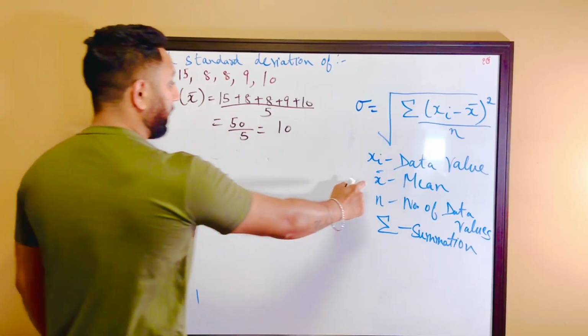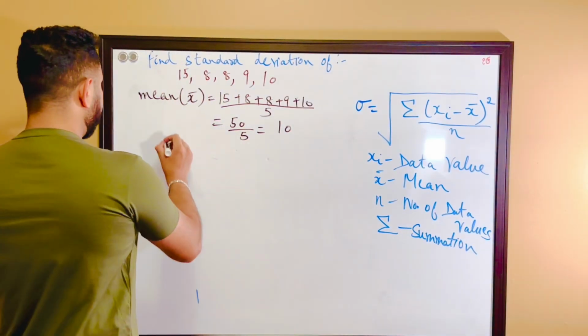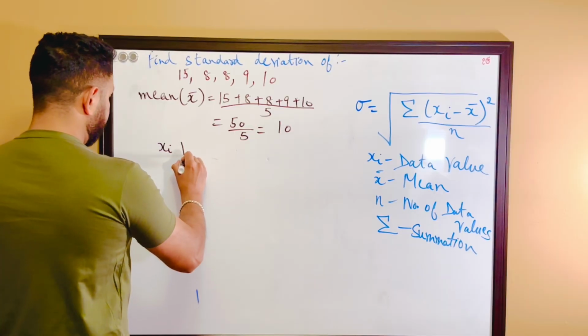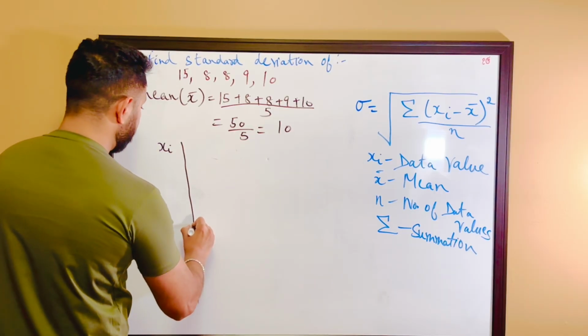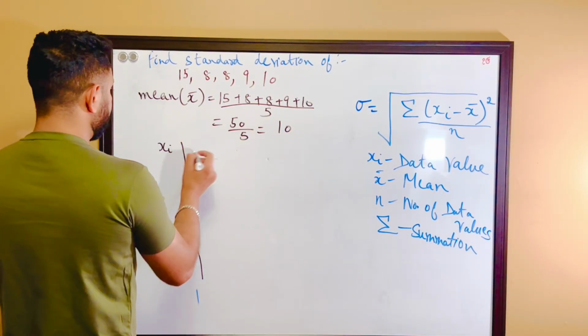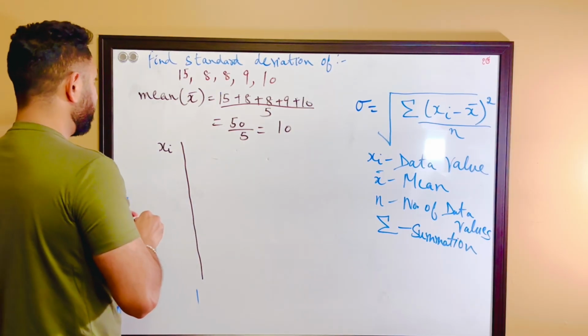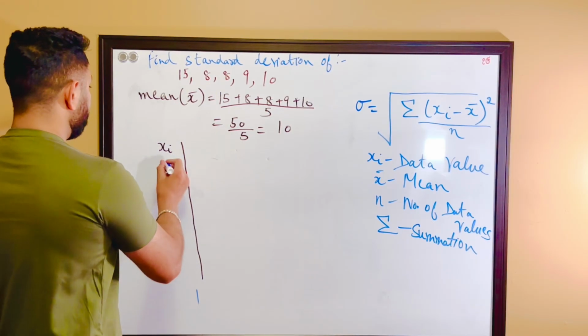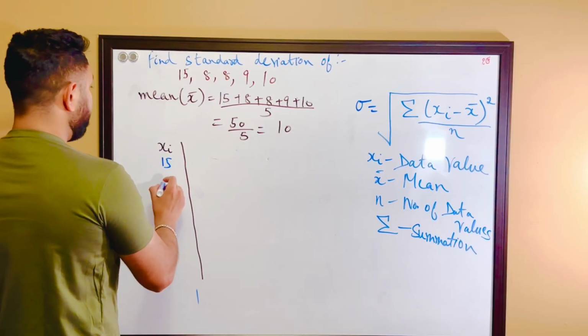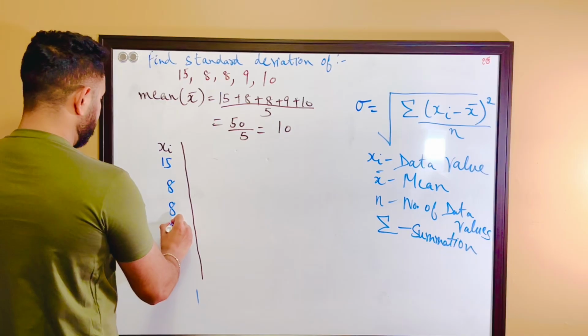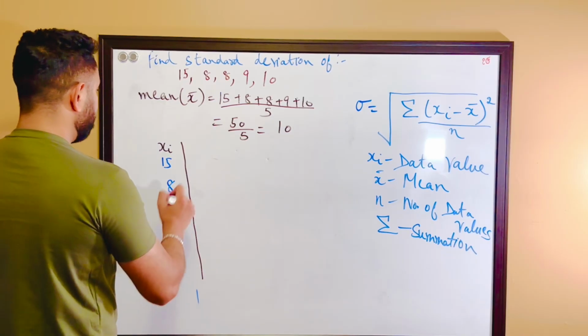That means x bar is 10. So now we're gonna construct a table. That way we can easily find the standard deviation. So xi, like the data values. So what are the data values? 15, 8, 8, 9 and 10.